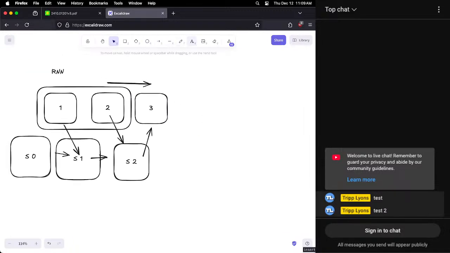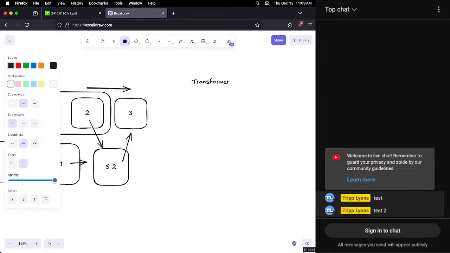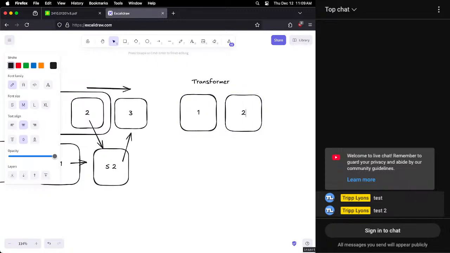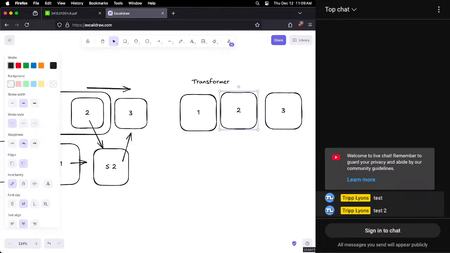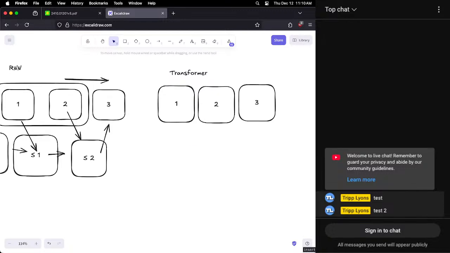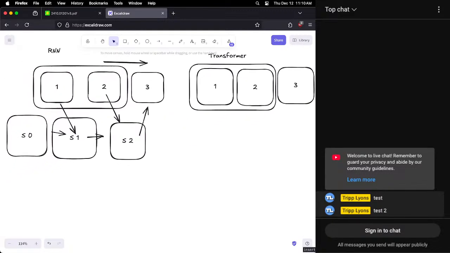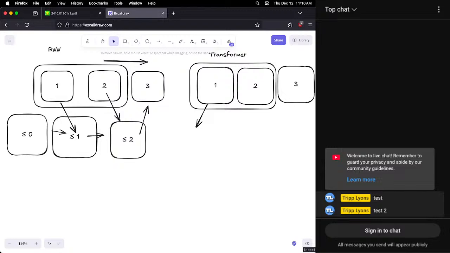And then with a transformer, you could have the same sequence and the same kind of goal, to predict the third token from the first two. But instead, what you can do is, if you're given these, you can produce from each of these previous tokens.